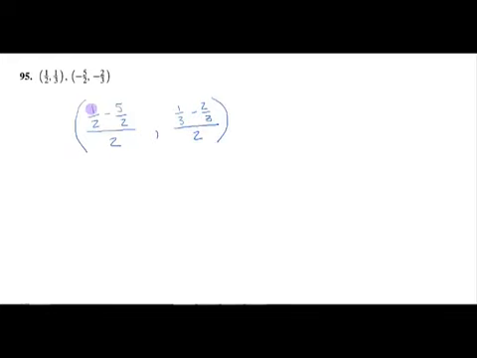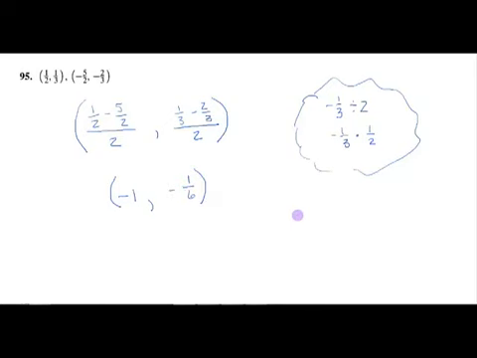Then let's simplify. 1/2 minus 5/2 is -4/2, which is -2, divided by 2 is -1, comma, 1/3 minus 2/3 is -1/3, divided by 2. So we're thinking over here -1/3 divided by 2. Remember, that is the same as -1/3 times 1/2. So we get -1/6.